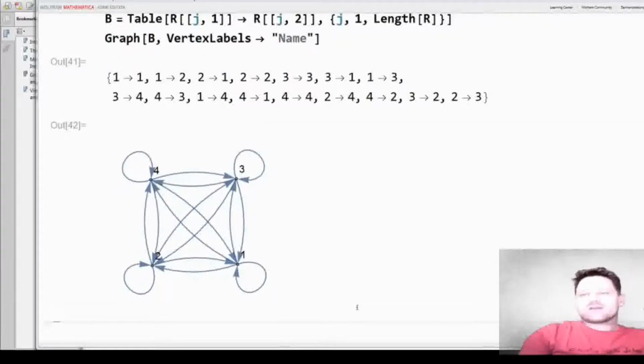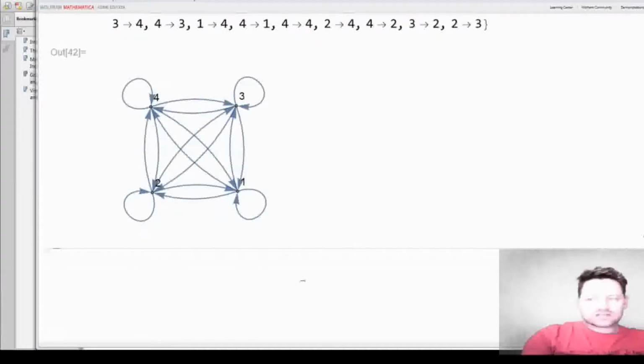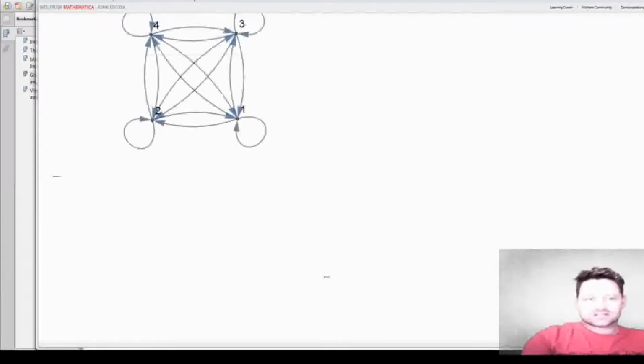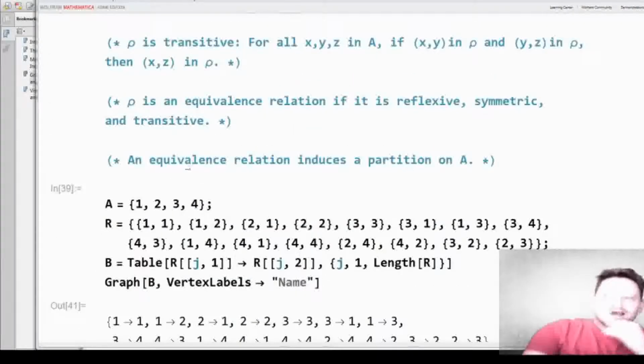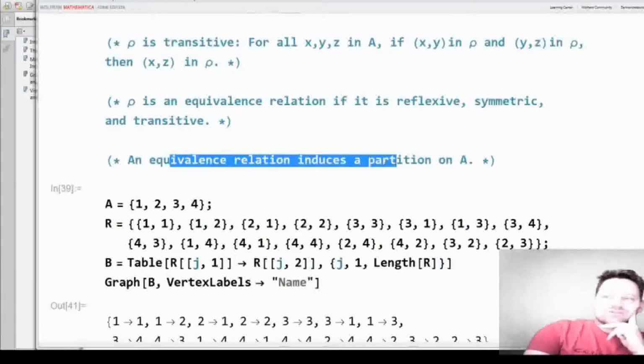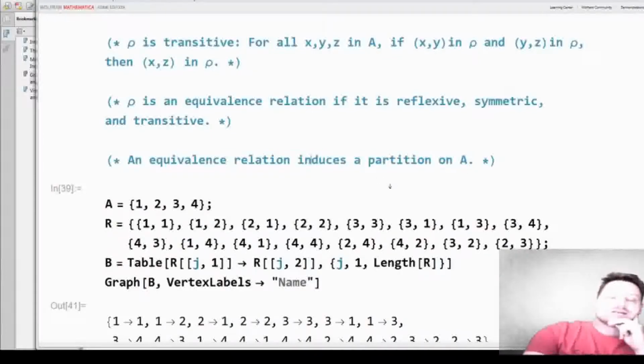All right, now the next thing of importance when you have an equivalence relation: note that it induces a partition on A. That means that it breaks up the set A into a set of classes.